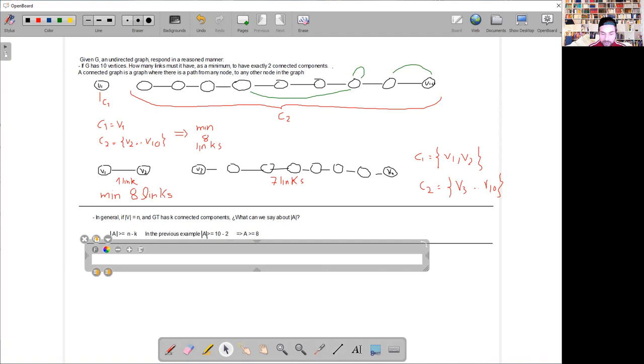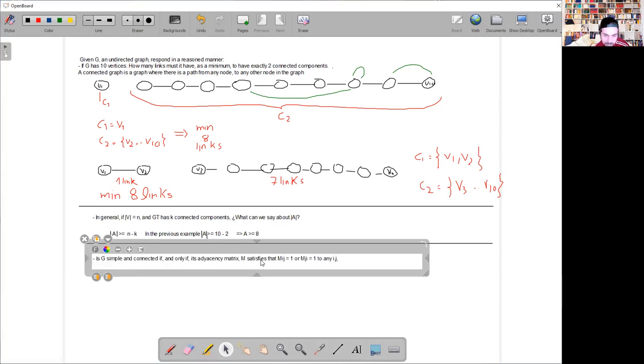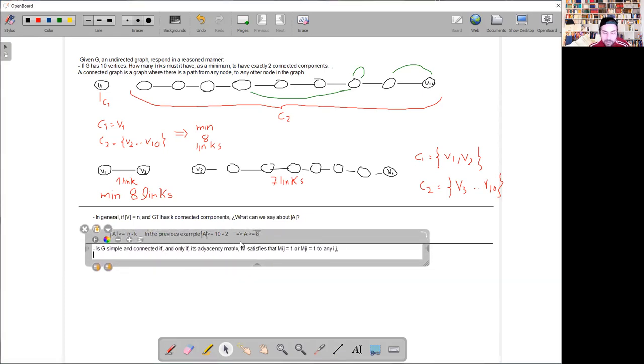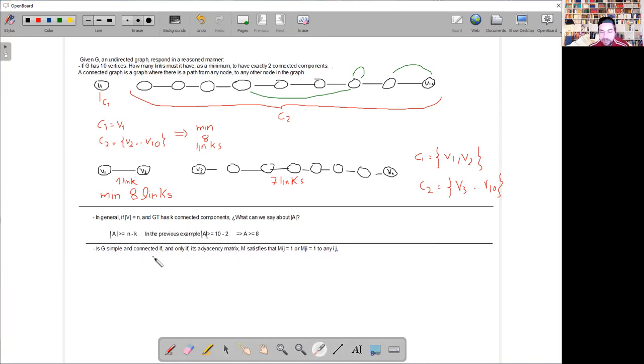And the next question is, is G simple and connected if and only if its adjacency matrix has a 1 in any position of the matrix?